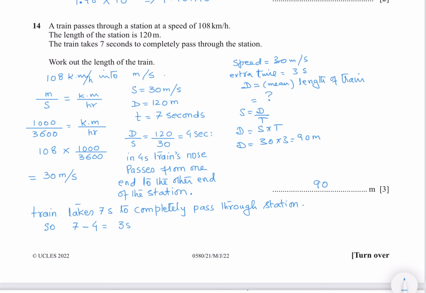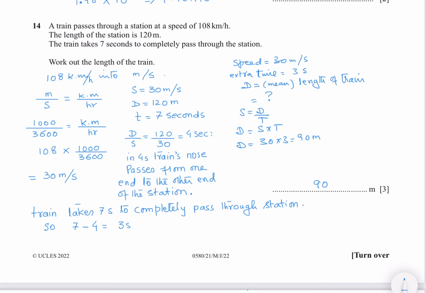Okay, we have speed 30 meters per second, distance is 120 meters, which is the length of the station, and time is 7 seconds, because it says the train takes 7 seconds to completely pass through the station. What you do is divide distance by speed. So 120 by 30 is 4 seconds. What does this 4 seconds stand for?